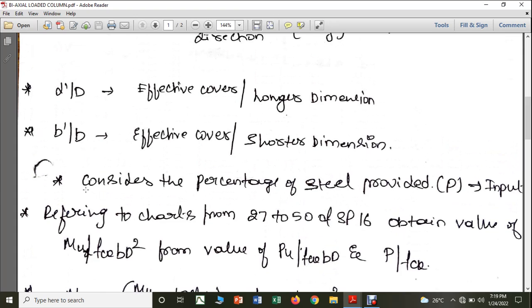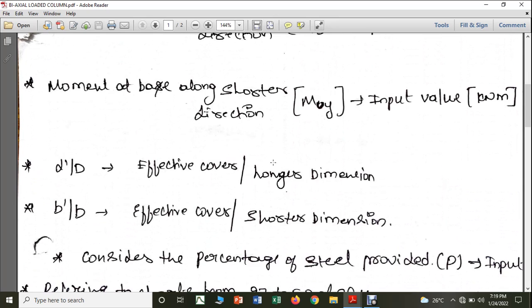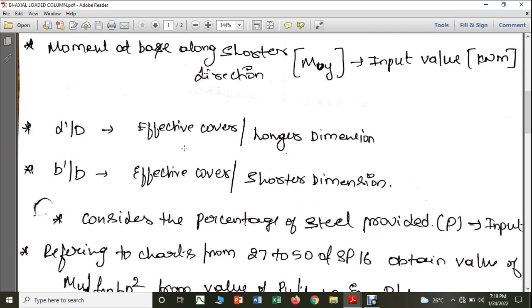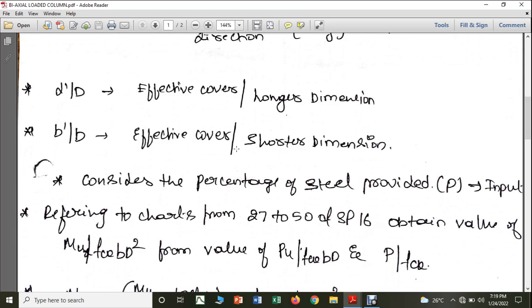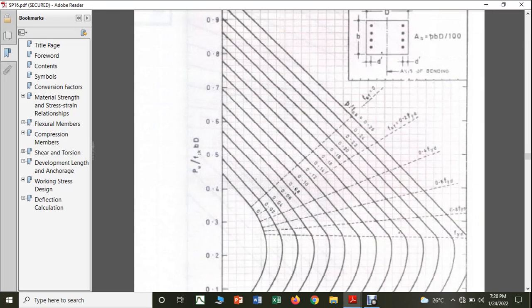MUX represents the moment of the base along the longer direction. That means I am supposed to take effective cover by longer dimension. By looking into the value of effective cover by longer dimension, the grade of steel, whether it is 250, 415 or 500, and whether it is a rectangular or circular column, and if rectangular, whether reinforcement is on 2 sides or 4 sides, I will go to the corresponding chart, like for example like this.